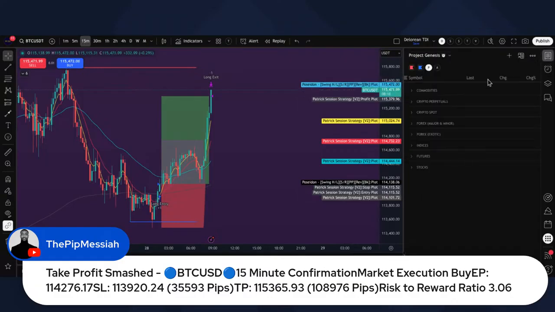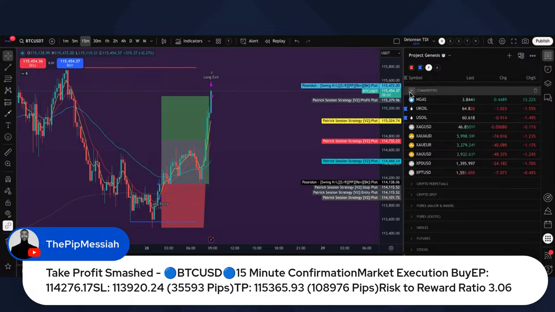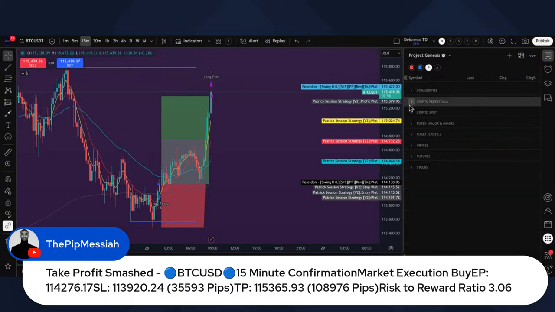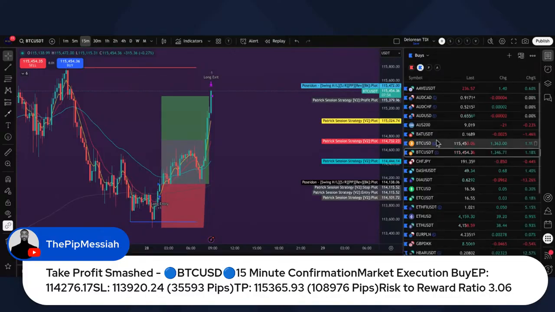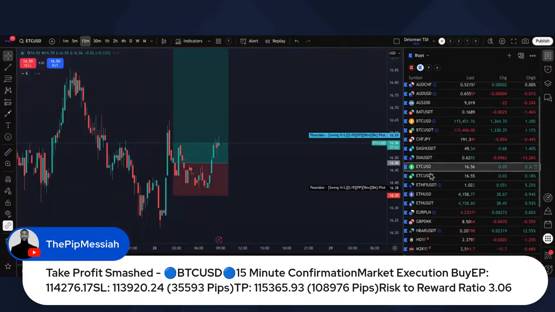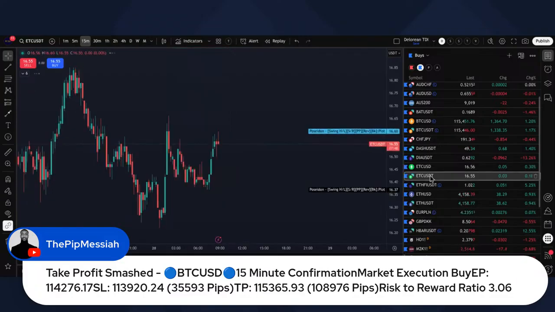The rally is continuing on Bitcoin. If we get a break of the Asian range, we may get a sell back into current price because the true range is around this level right here. All right, so if that's the case, we need to take a look at the other trades that we're in.